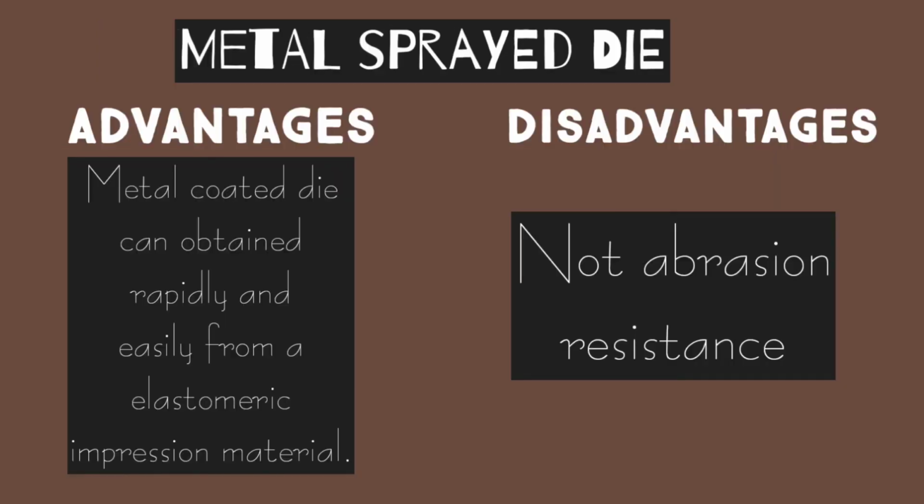What are the advantages and disadvantages of the metal sprayed die? In advantages, this metal coated die can be obtained rapidly and easily from an elastomeric impression material, and the disadvantage is that they are not abrasion resistant.